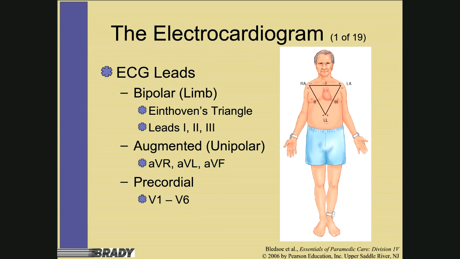Now, even though it is 4 electrodes, how many leads can we look at when we're doing cardiac monitoring? 3. Good. And these leads are lead 1, 2, 3. Lead 1 looks at which side of the heart?